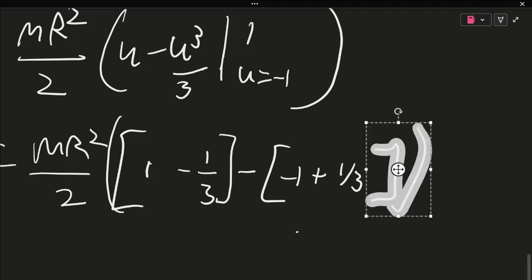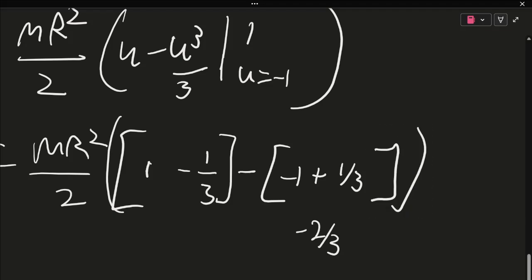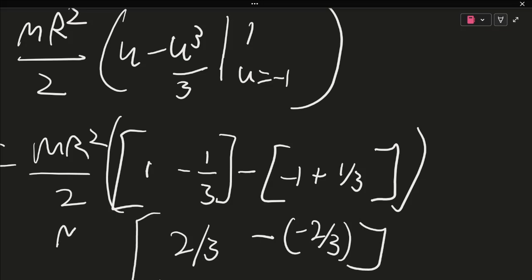And this turns into negative 2/3 minus, and this turns into positive 2/3, times mass radius squared over 2.